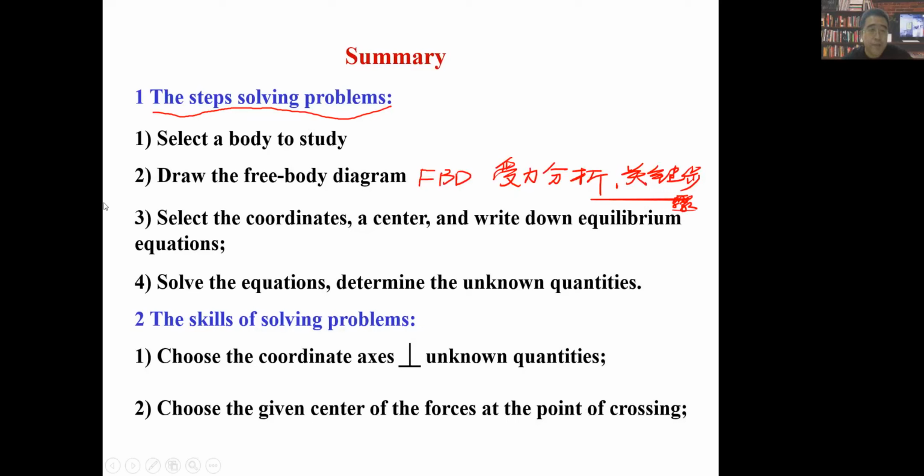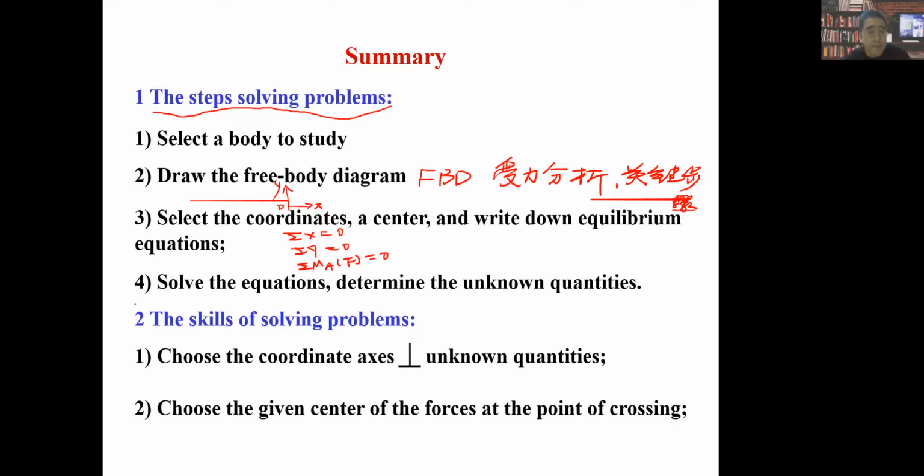Then step three, we should select the coordinates. Always consider the default coordinates. Firstly, we have X and Y and O here, right? A center, and write down equilibrium equations. We always give sigma X equals 0, sigma Y equals 0, and sigma M about some point equals 0, right? So those are the steps for solving problems.